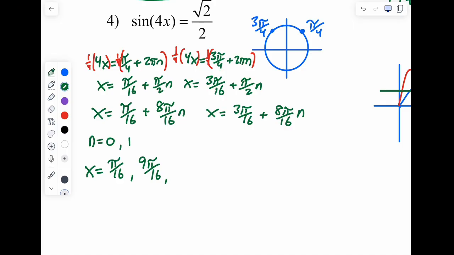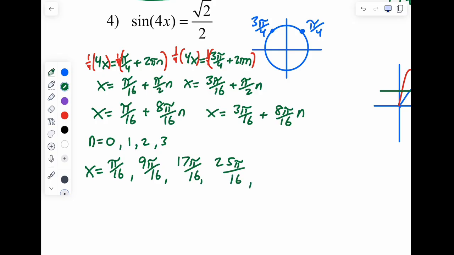And then when I go to plug in 2, I know I'm just going to add 8 to the top. So I could just start adding 8 to the top and not really plug in numbers. Plugging in 3 now, I get 25 over 16.